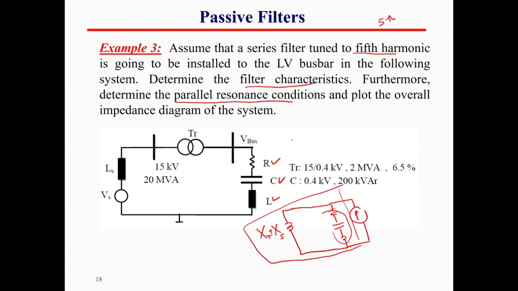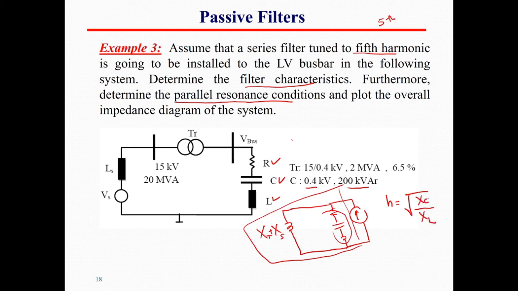Okay, so we can calculate, of course, the impedance of the capacitor. We are given Q, we are given C, so we can find XC. We can find XL because we know that H will be equal to the square root of XC divided by XL.